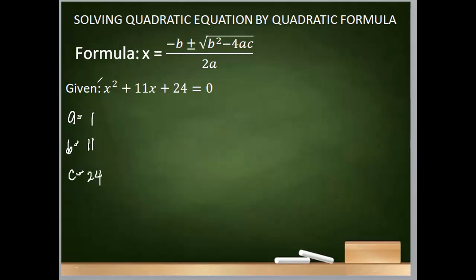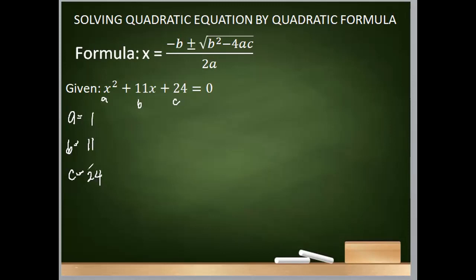Okay, so given this, we have a, b, and c. Always remember in our equation, the ax squared is our a, bx is b, and the last term is always c. So we have an imaginary one, and then the value of b is 11, and the value of c is 24.